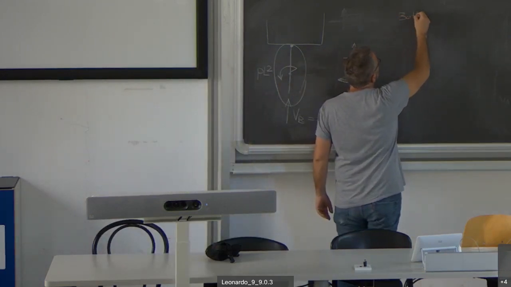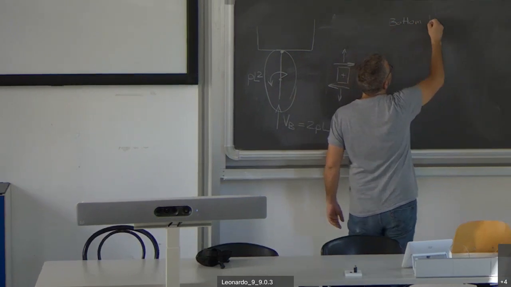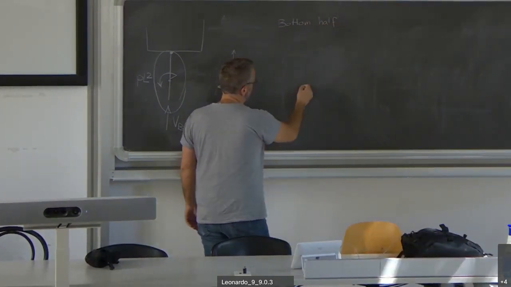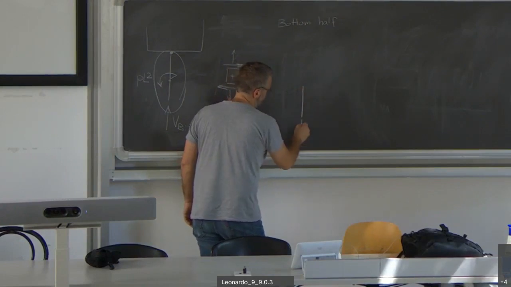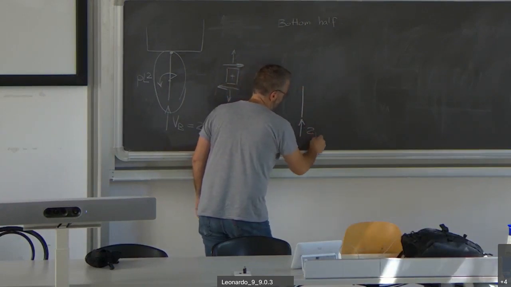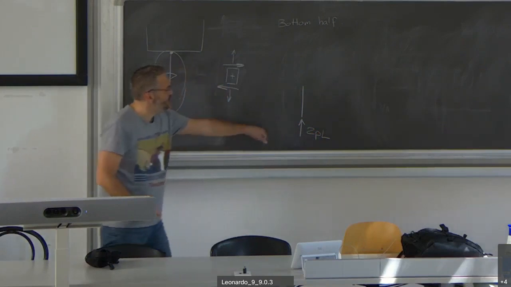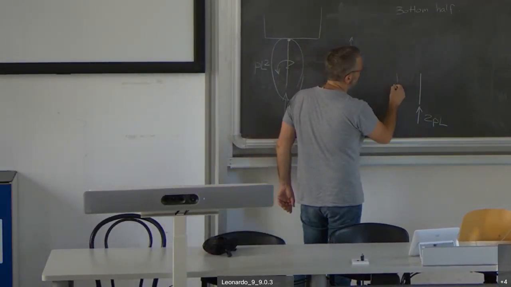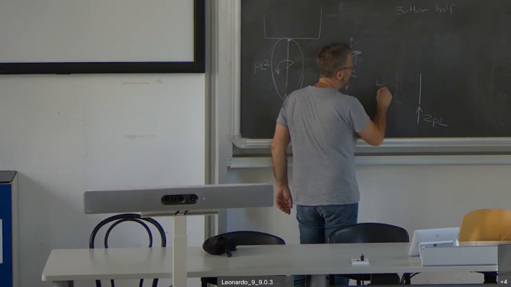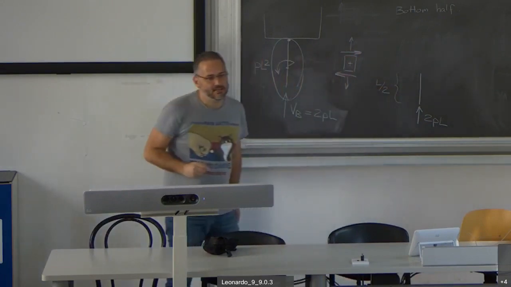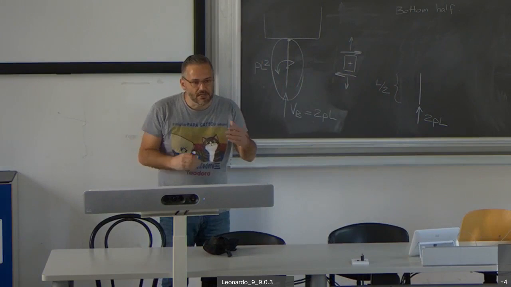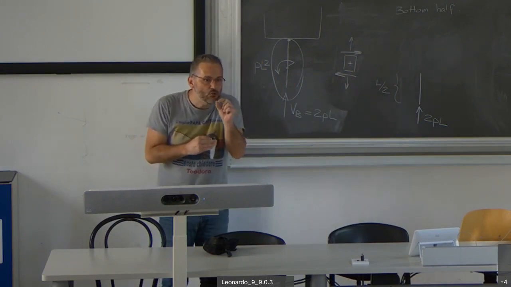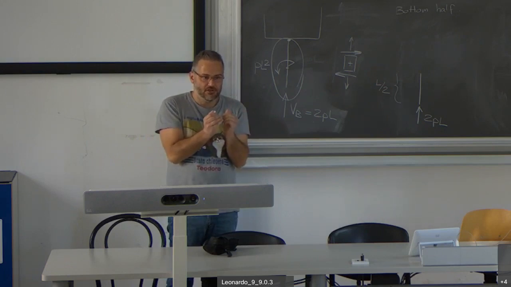Bottom half. This is what takes place at the bottom. This is L divided by 2, but L divided by 2 means I get to mid-span, but I stop 1 inch, 1 millimeter before the concentrated moment is applied.